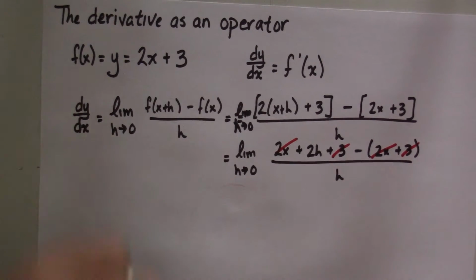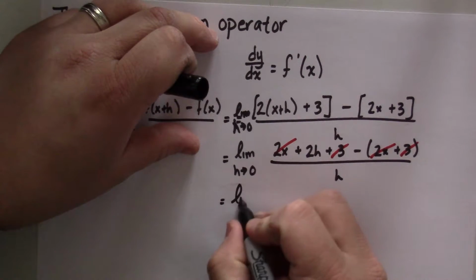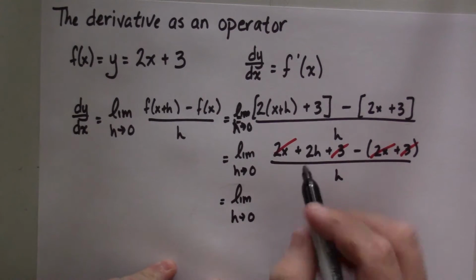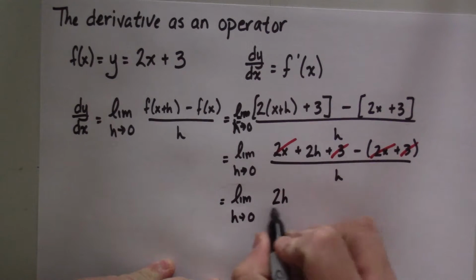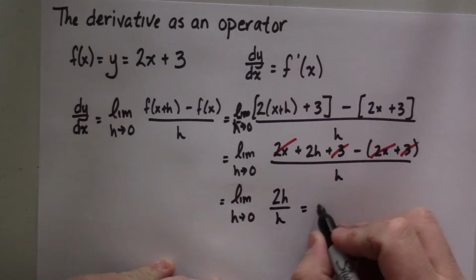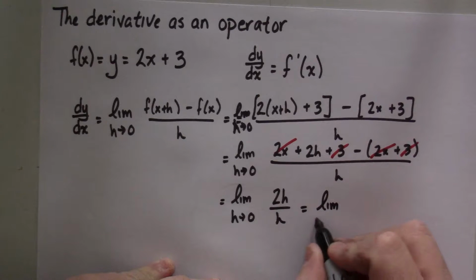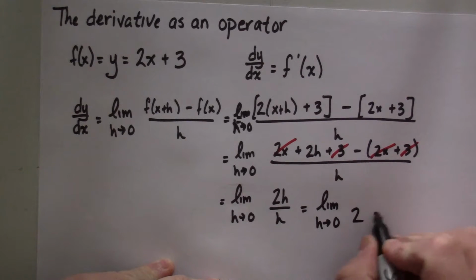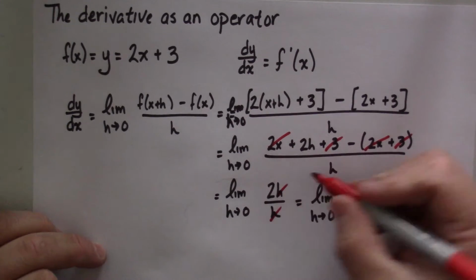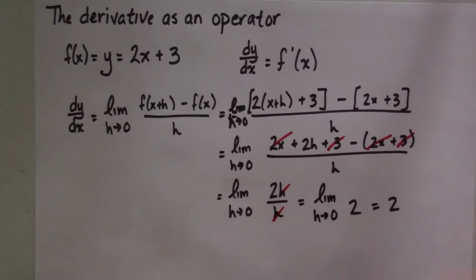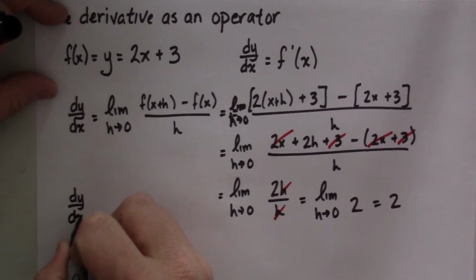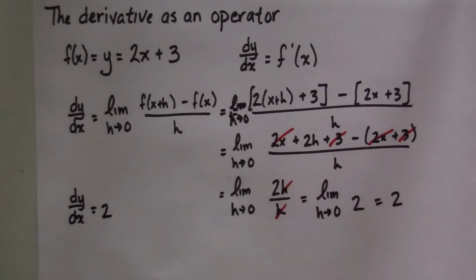That leaves me with the limit as h goes to 0 of 2h over h. And we're going to pretend the h is canceled because I'm dealing with the limit, so I have the limit as h goes to 0 of 2, which is just 2. Forgot to mark here that these h's cancel. So dy dx for all values is 2.